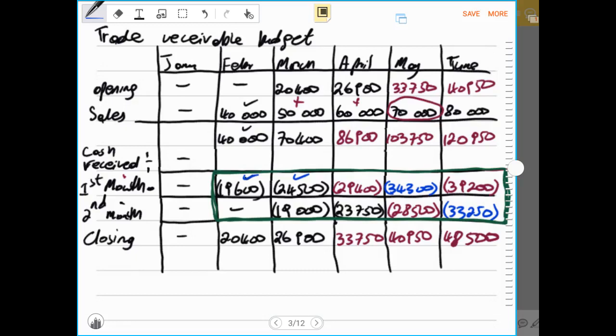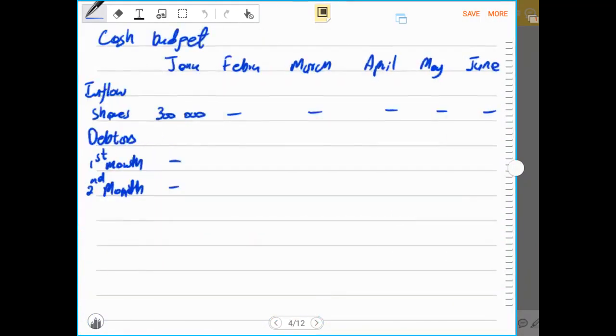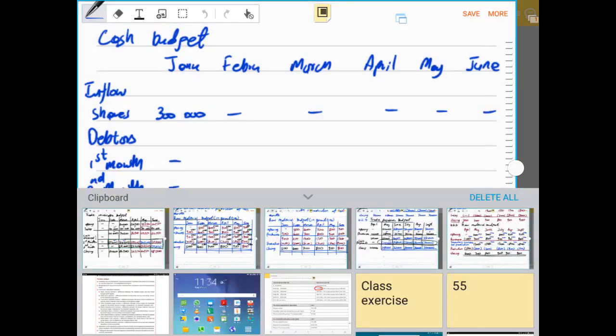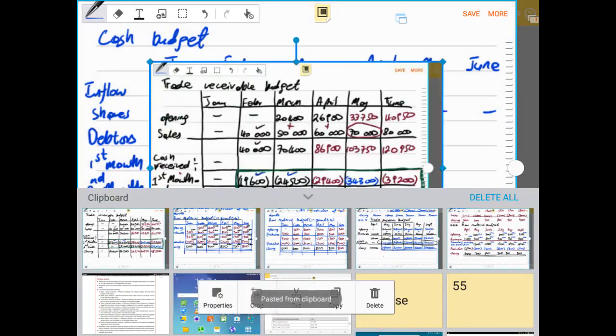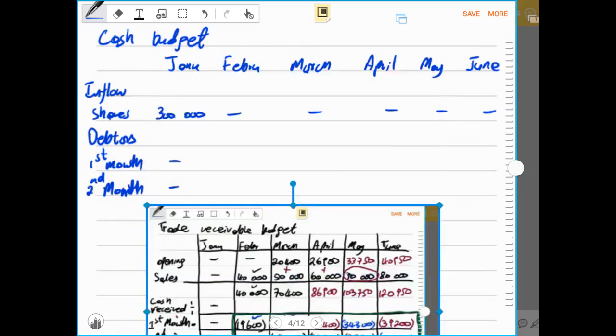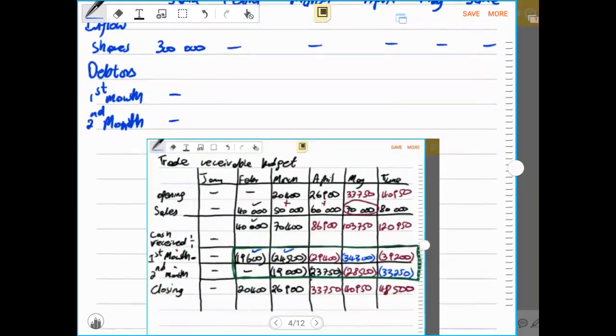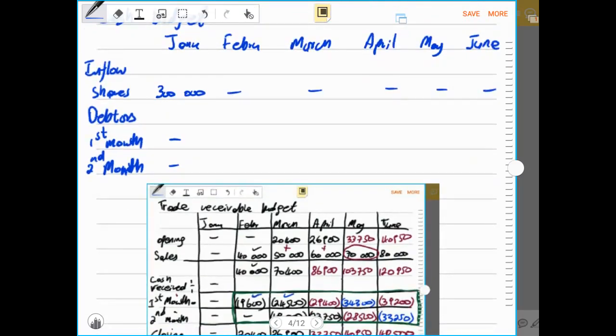So now let us record all these entries in our cash budget. I just want to take a screenshot so that I have all of them on one screen. Here is what we'll be recording for the first month and for the second month. In the first month, in February we record 19,600.